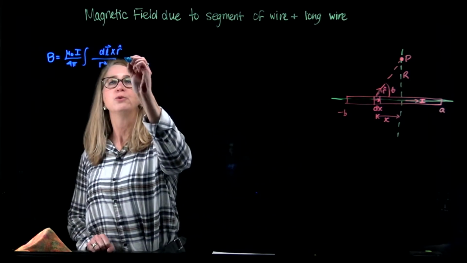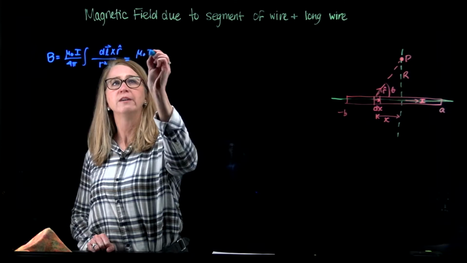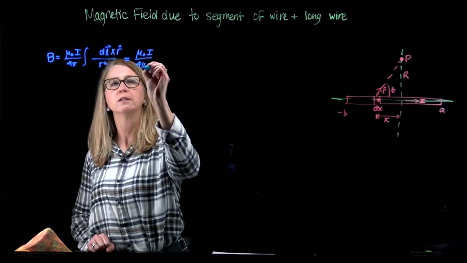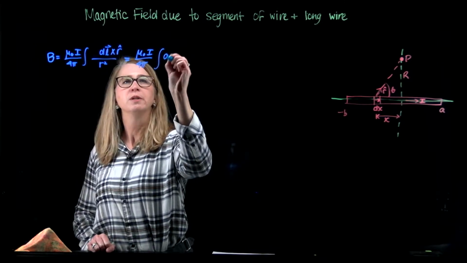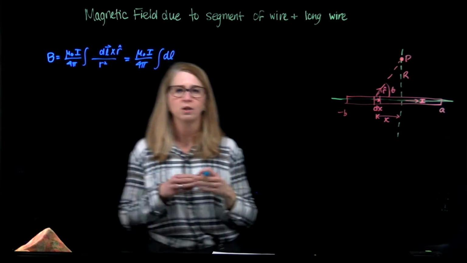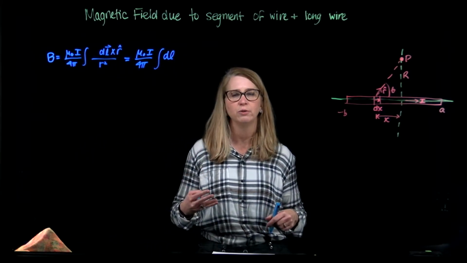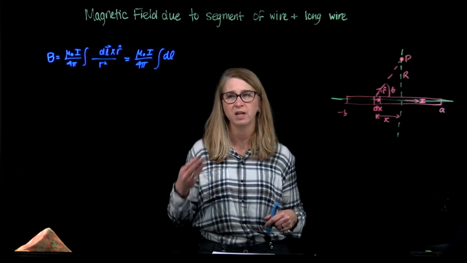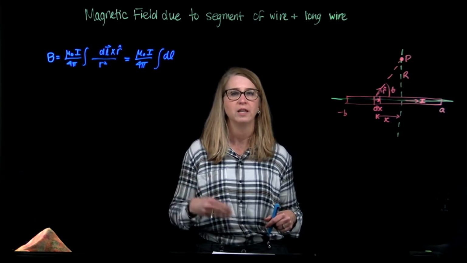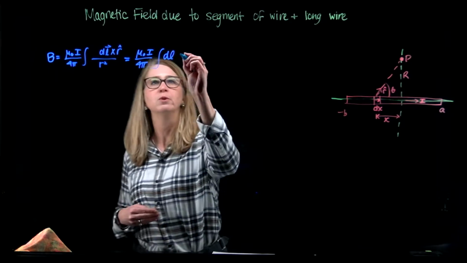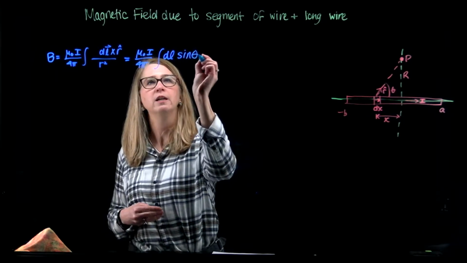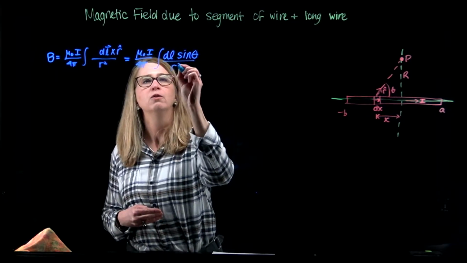Now, if I use the definition of a cross product, this becomes dl cross with r hat, the magnitude of r hat is just 1, so I'm not going to write that down. But then it's the sine of the angle between them, which is, in my picture, theta, and then over r squared.